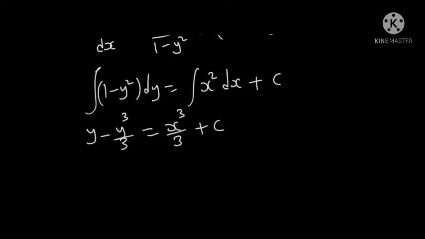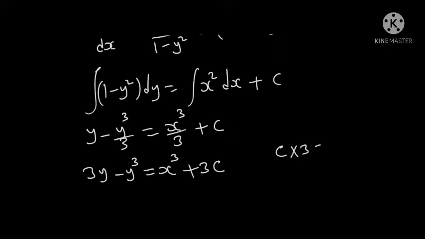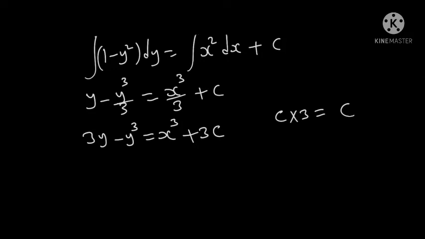We can multiply all the terms by 3, so we have 3y minus y cubed equals x cubed plus 3c. c is a constant. A constant times 3 is another constant, say c. So we have 3y minus y cubed equals x cubed plus c.